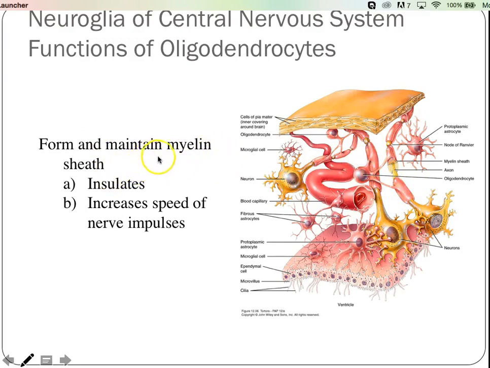Okay, and this myelin sheath is going to insulate that axon, sort of like you insulate wires in your house. Right? You don't have bare wires running everywhere. You have that plastic rubbery coat around them. So it's going to insulate them, and by doing that, it's going to increase the speed of nerve impulses. Right? It's really important, and we'll talk a little bit later on about why that actually works that way.